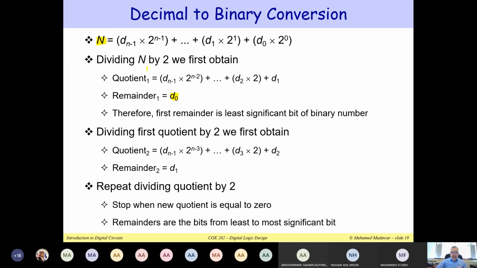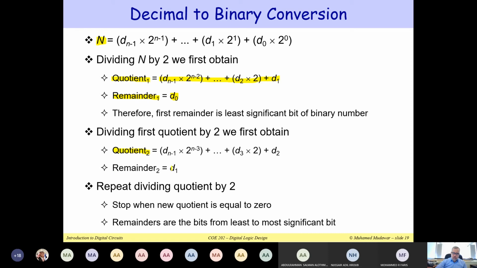So the remainder becomes D0. So when you divide n by 2, you get the quotient. This will be the first quotient. Quotient 1 is equal to this number here, and the remainder 1 is equal to D0. So we have discovered the first remainder, which is the least significant bit of the number. Now you take this quotient 1 and divide it again by 2, you get quotient 2.